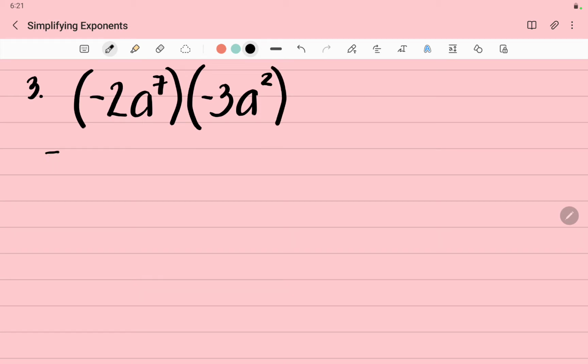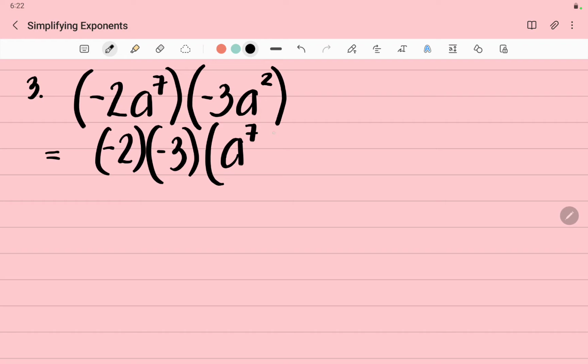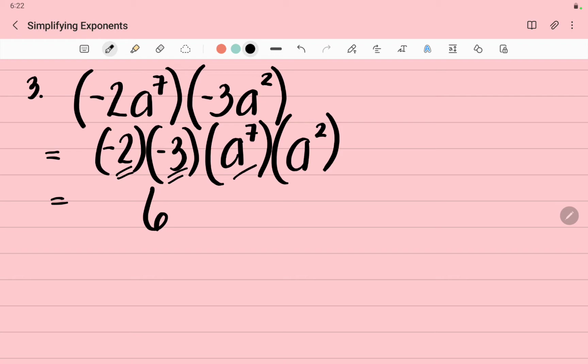So that is negative 2 times negative 3, a raised to 7 times a raised to 2. So we have now negative 2 times negative 3 is positive 6. A raised to 7 times a raised to 2 is a raised to 9. That is our final answer.